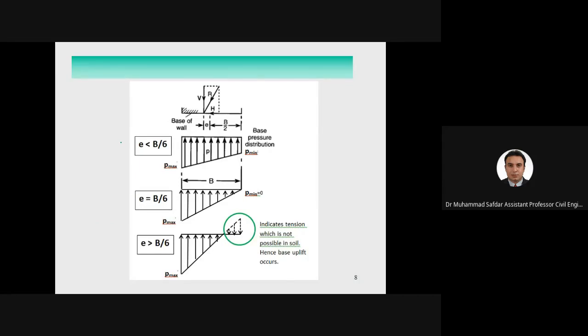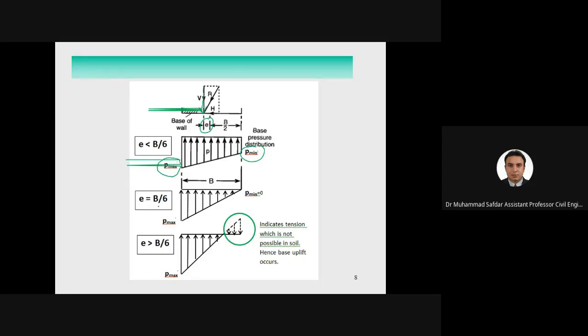Now, if the eccentricity is less than B by 6, then we will experience P maximum and P minimum beneath the base of the retaining wall, assuming a linear distribution. We can see that the load is eccentric here with E, so P maximum would occur on the left side of this retaining wall.